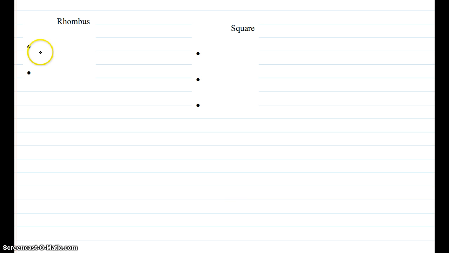Okay, now for a rhombus, what's special about a rhombus is that the diagonals are perpendicular.